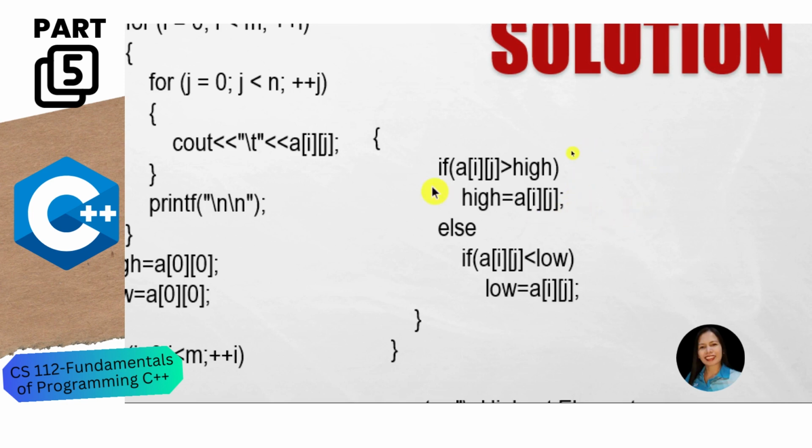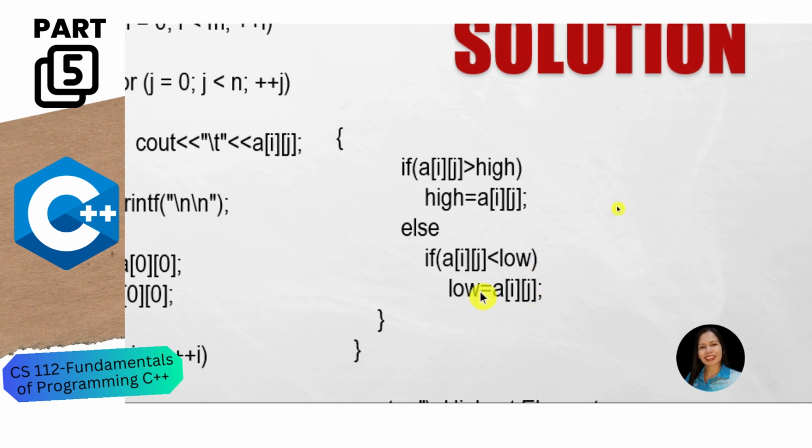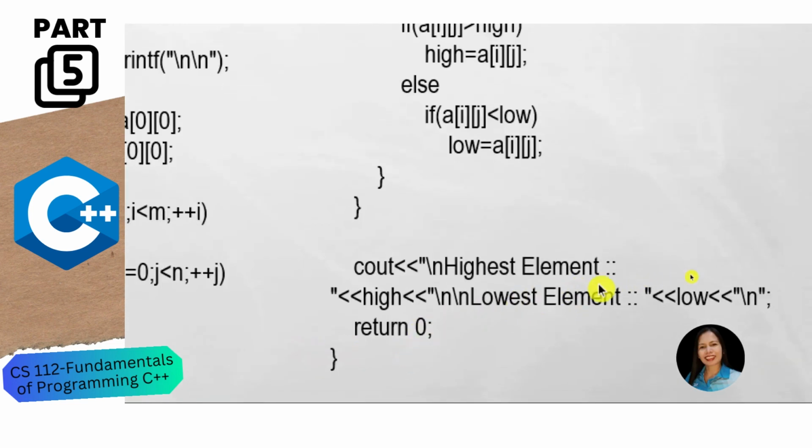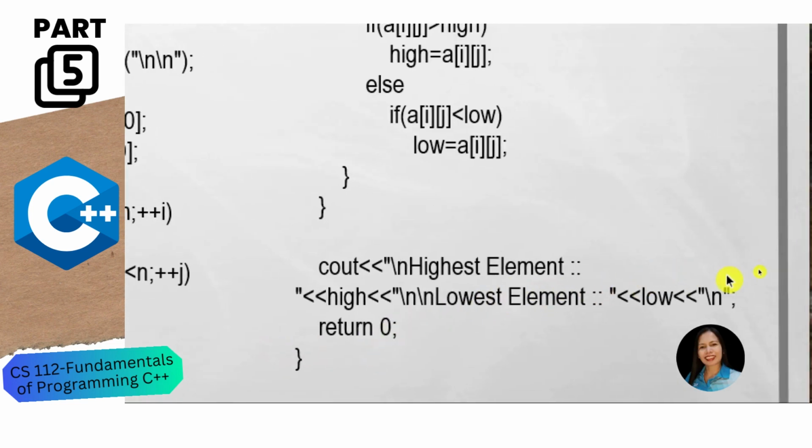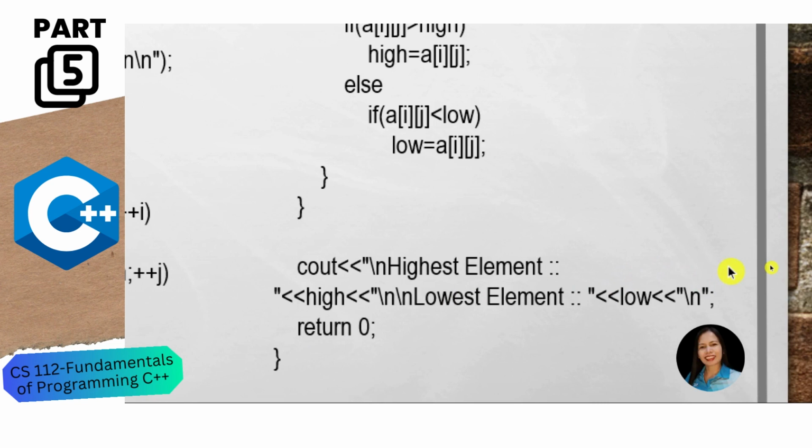So this code will compare all the elements from top to bottom, and from left to right as well. Same with the low, same process. You need to do all the comparisons, and that's why we're able to come up with our output.